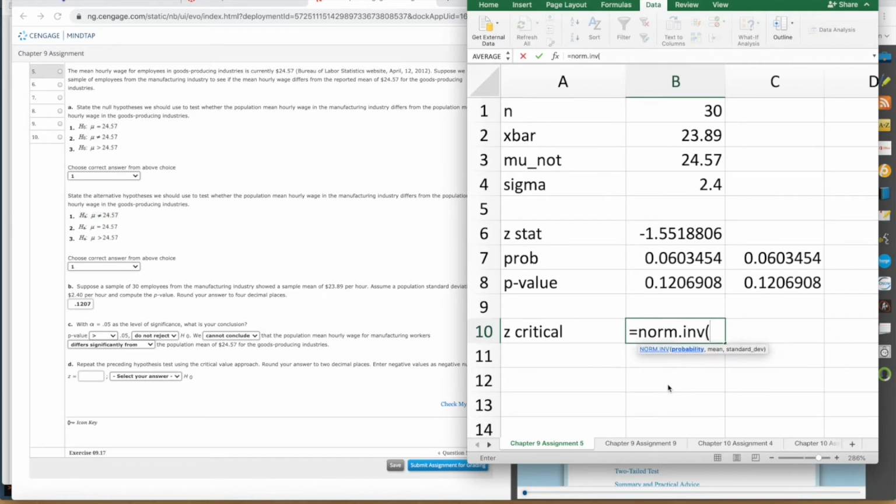It's a two-tailed test, so the probability 0.025 to the left, or we could do 0.975 if we wanted the positive number, but since this is a negative, I'll go ahead and do the negative version. 0, 1, and that's a negative 1.96.